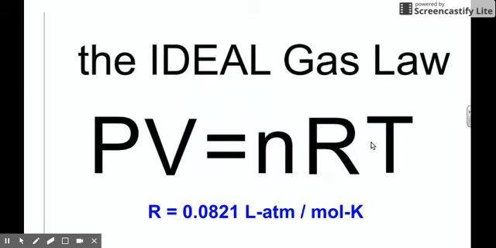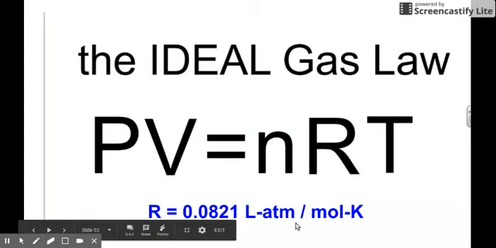For the ideal gas law, one equation that's very common and that we follow is PV = nRT. P stands for pressure, V for volume, n for the amount of gas expressed in moles, T for temperature, which must be expressed in Kelvin, and of course in every equation you should have a gas constant, the big letter R. The gas constant has a value of 0.0821 liter atmosphere per mole Kelvin.